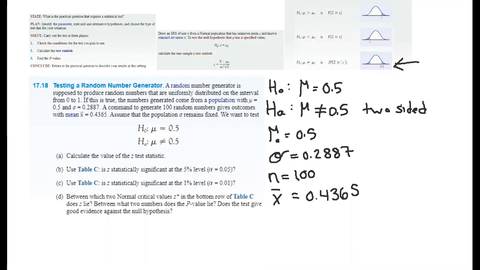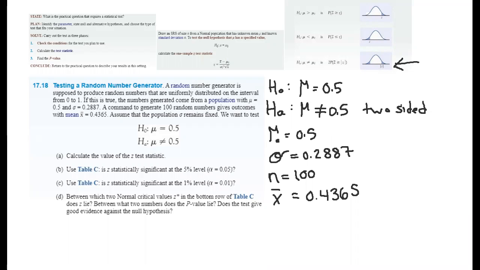A command to generate 100 random numbers gives an outcome with mean x bar equals 0.4365. Assume that the population sigma remained fixed. We want to test the null hypothesis that mu equals 0.5 against the alternate hypothesis that mu does not equal 0.5. Calculate the value of the test statistic z.